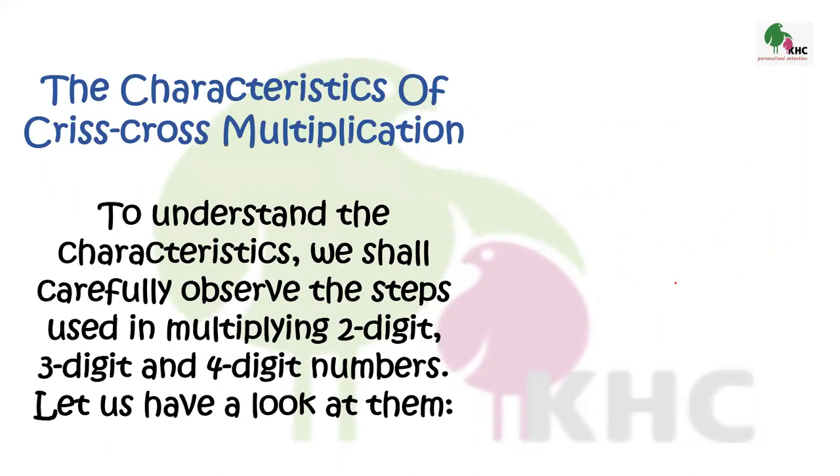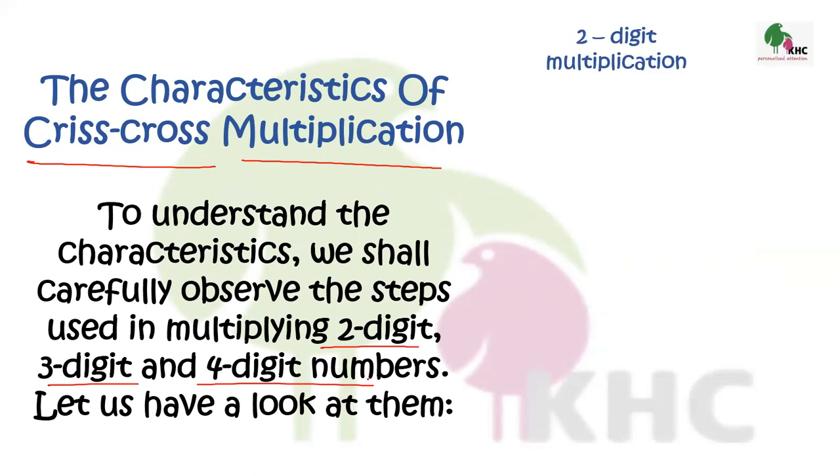Now let us look at the characteristics of crisscross multiplication. To understand the characteristics, we shall carefully observe the steps used in multiplying 2-digit, 3-digit, and 4-digit numbers. For 2-digit multiplication, the steps involved were 1, 2, and 3.